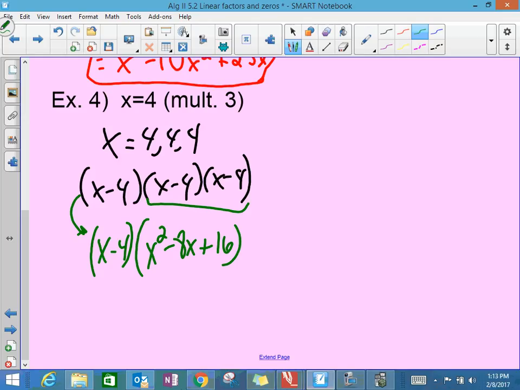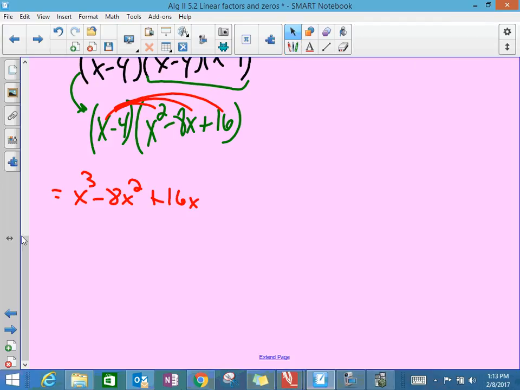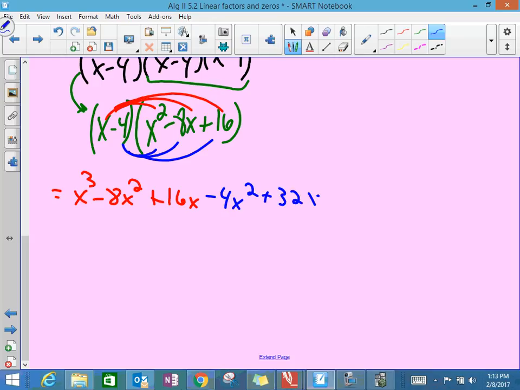Now you have to distribute the x minus 4. So again, first I'm going to distribute the x, and I get x to the third minus 8x squared plus 16x. Then I'm going to distribute the negative 4, and I get minus 4x squared plus 32x minus 64.